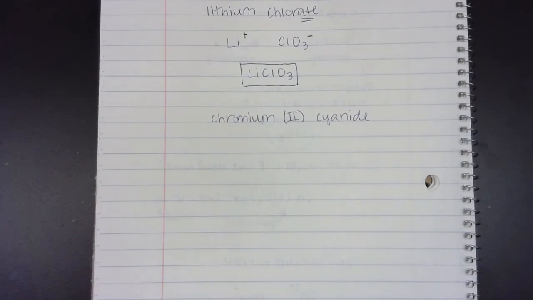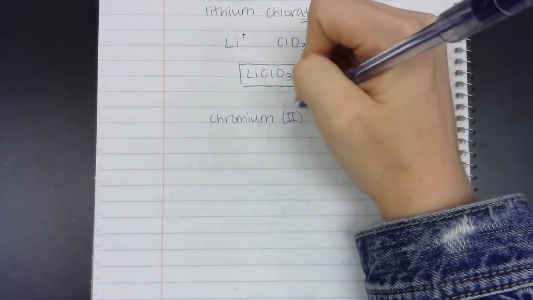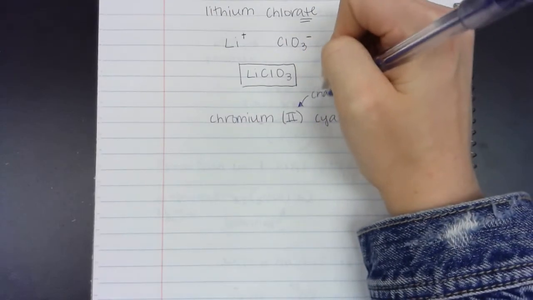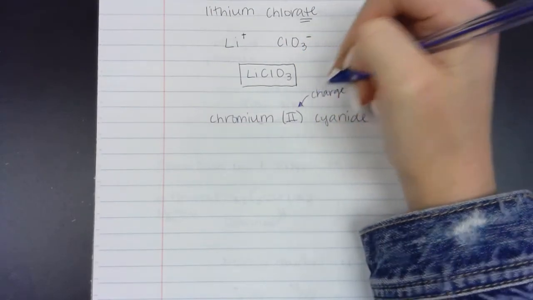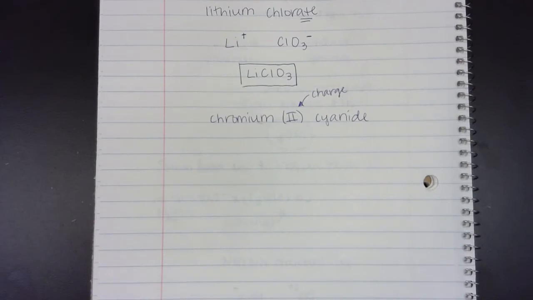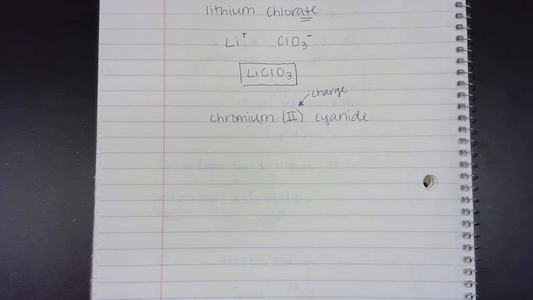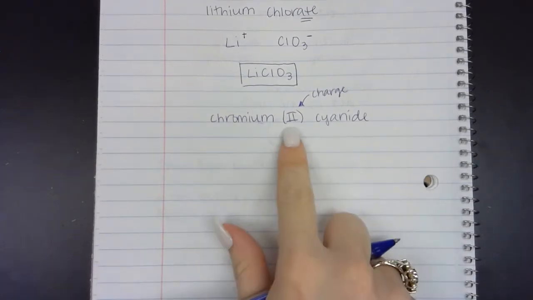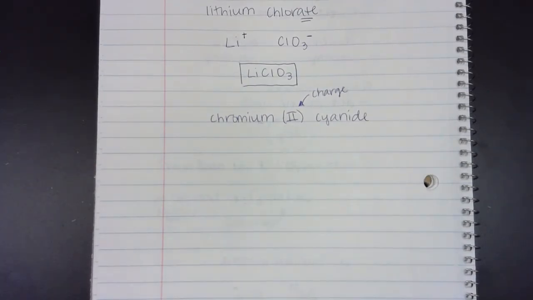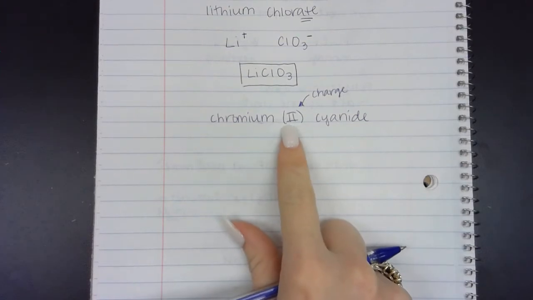The charge. Why do we have to specify what chromium's charge is? It's in the middle. What do we call those? Transition metals. Chromium is a transition metal, which means it can have a variable charge. Okay, it might form a +2, it might form a +3, so we have to say which one it is.